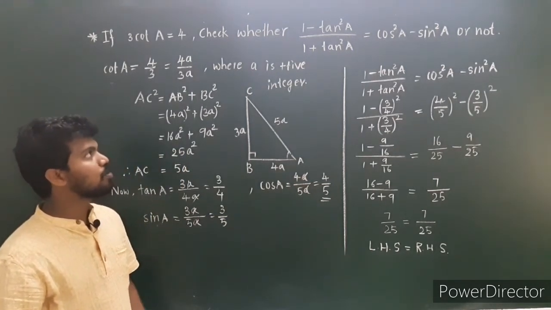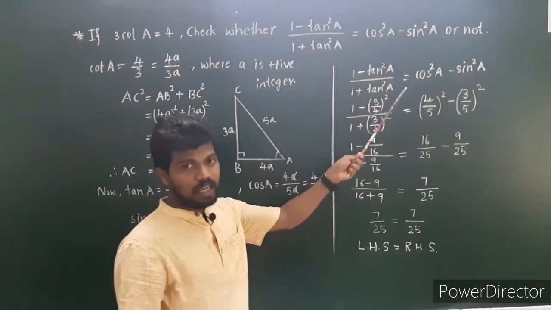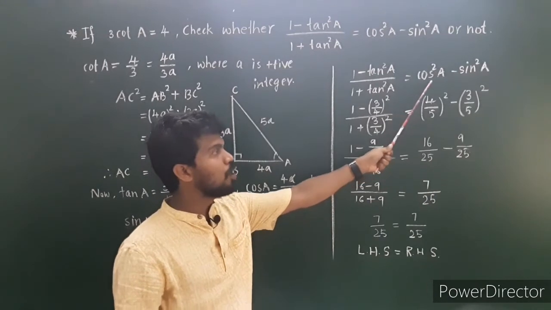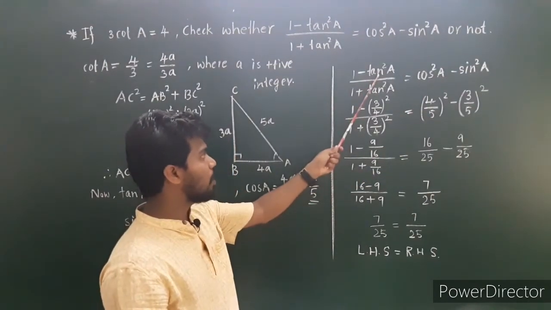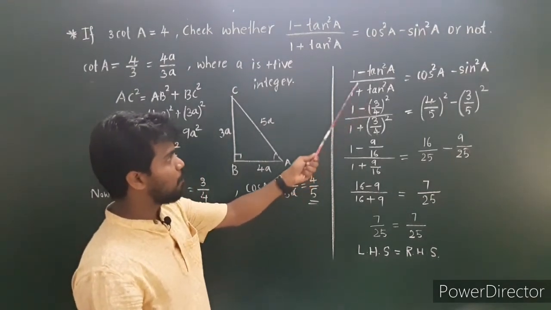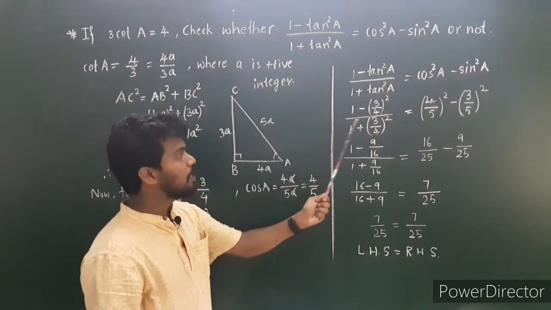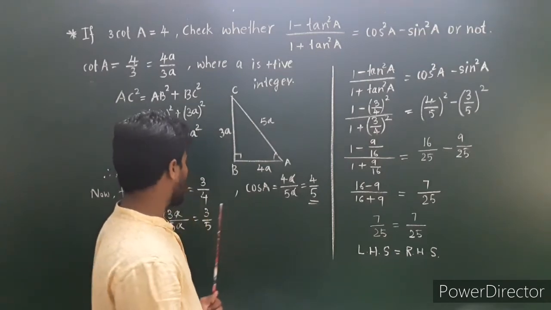So now you substitute in 1 minus tan square A divided by 1 plus tan square A is equal to cos square A minus sin square A. So what is the value of tan square A? You get here 3 by 4. So substitute 3 by 4, 1 minus 3 by 4 whole square divided by 1 plus 3 by 4 whole square. So what is the value of cos?